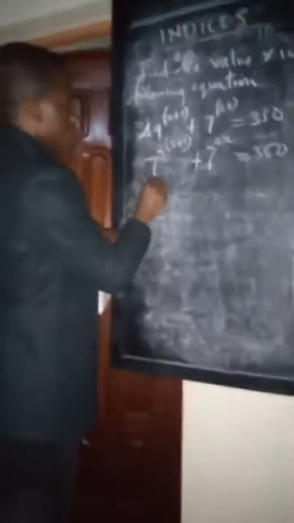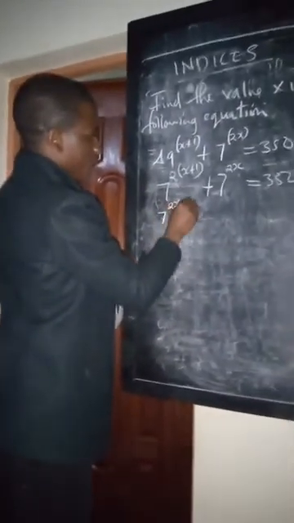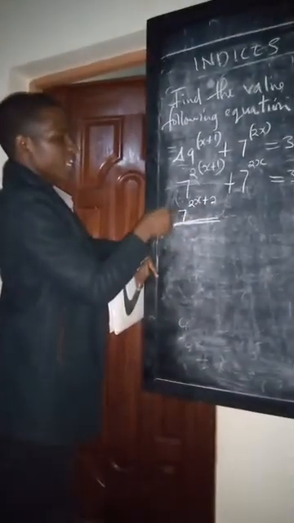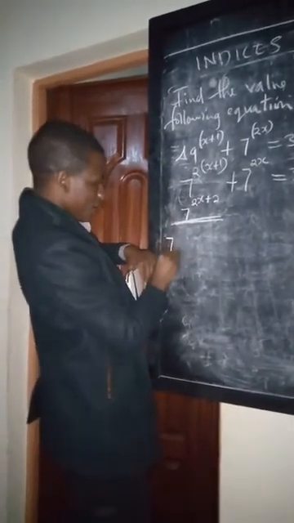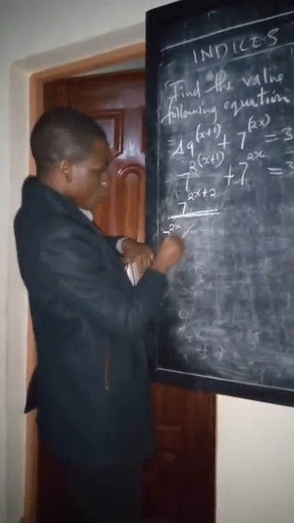So we can write this one as 7 raised to power 2x plus 2. And remember this number, which is 7 raised to power 2x plus 2, we can also write it as 7 raised to power 2x multiplied by 7 raised to power 2.